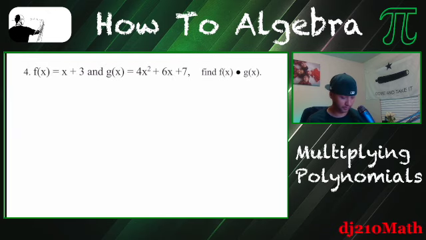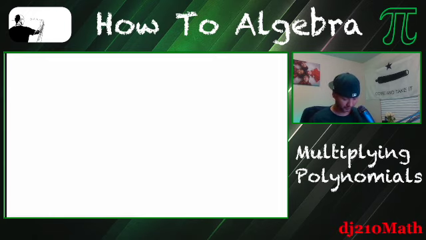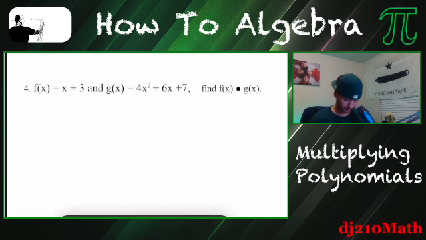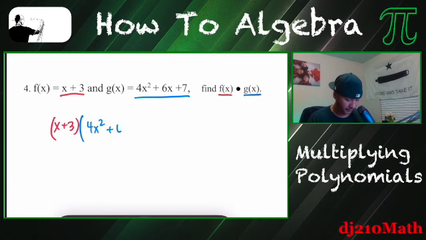All right, this one's just as easy. Feel free to pause the video and see if you can do it. But this is just f of x and g of x. So x plus 3 times f of x, which is going to be 4x squared plus 6x plus 7.